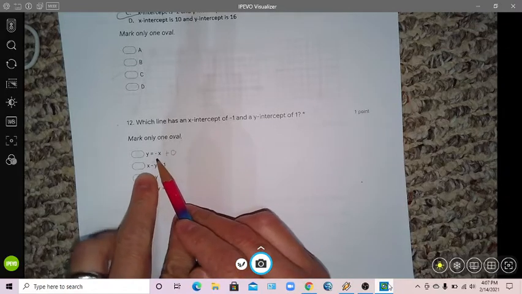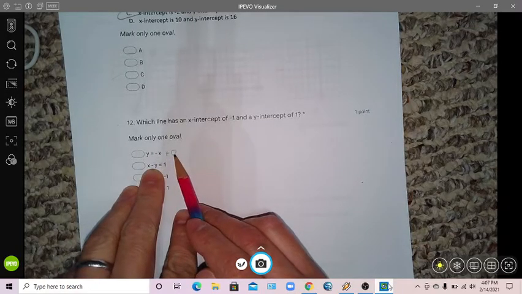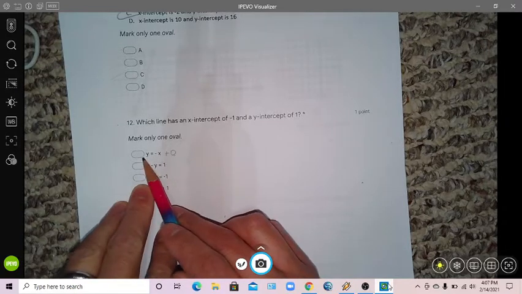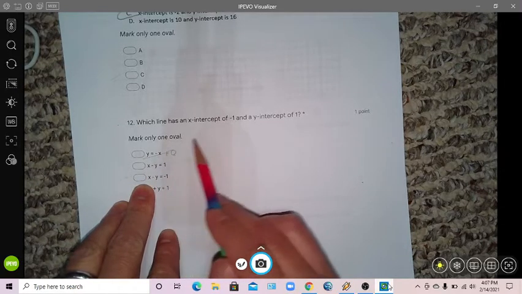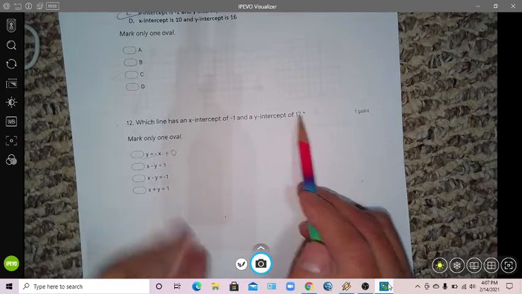For that first option, the slope's negative 1 and it touches at the origin, so the x-intercept and the y-intercept are both 0. This is not it. We want one where the x-intercept is negative 1 and the y-intercept is positive 1.